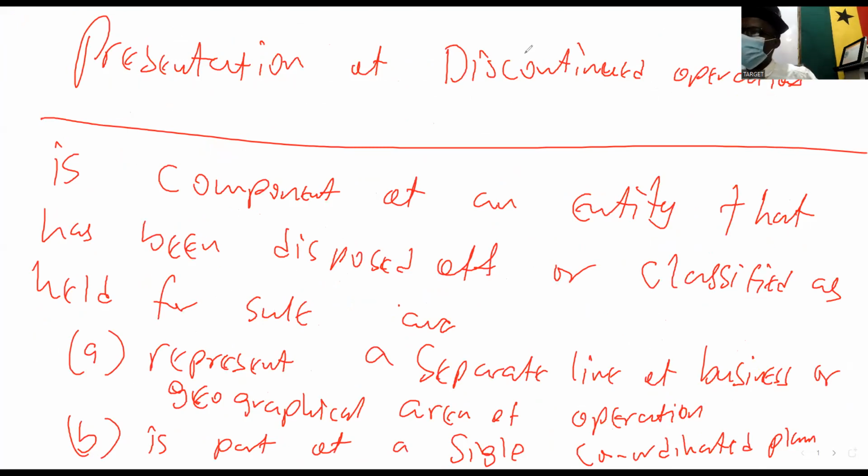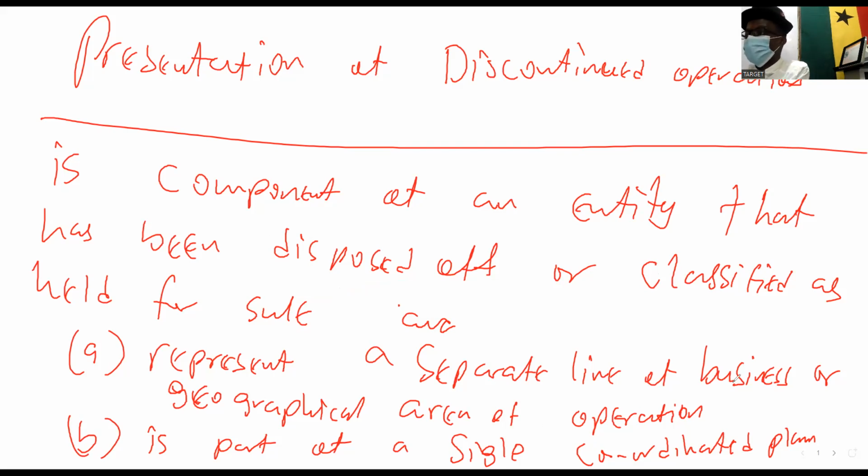From here, I define discontinued operation as what? As a component of an entity that has been disposed of or shut down. So add it to it, or shut down. It has been disposed of, shut down, or discontinued. That's all.